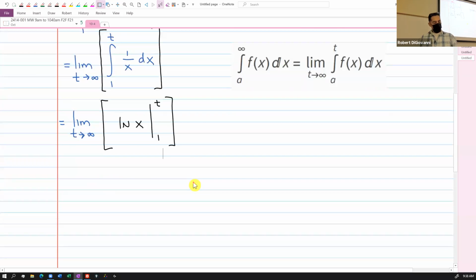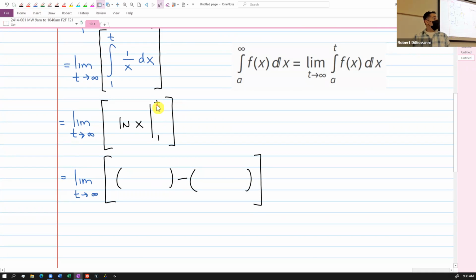All right. This is equal to the limit as t goes to infinity. And now, again, I have to use the fundamental theorem, so I'm going to just plug in and subtract, see what happens. I start by plugging in this first one, t. I get natural log t. And then minus, I plug in 1, natural log 1.